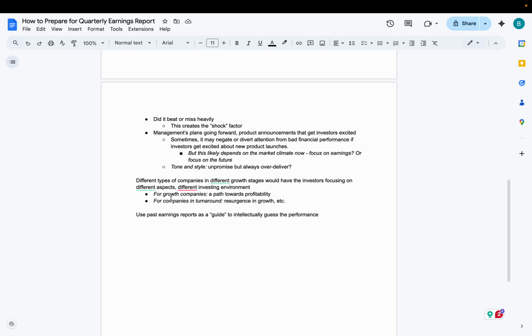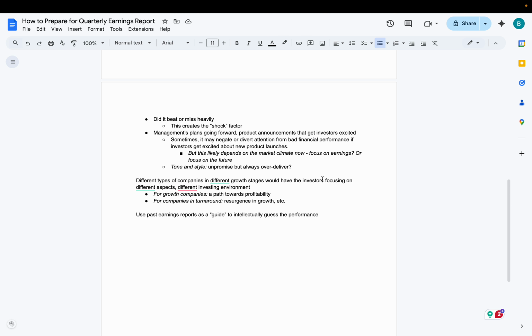So, for example, for growth companies, investors will be looking for a path towards profitability when things are starting to look a bit shaky, right? So there's less focus on future growth prospects, but actually a path towards profitability instead. If a growth company is not showing that, it may cause the share price to sell down.